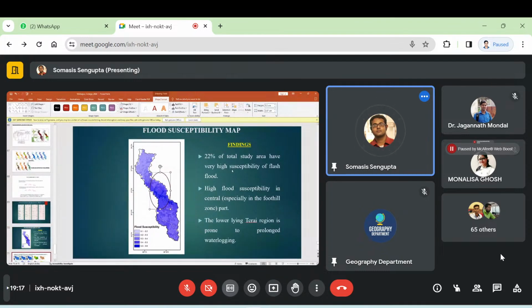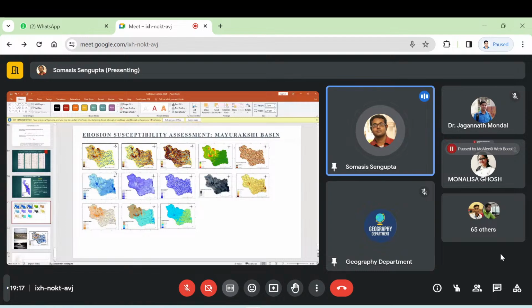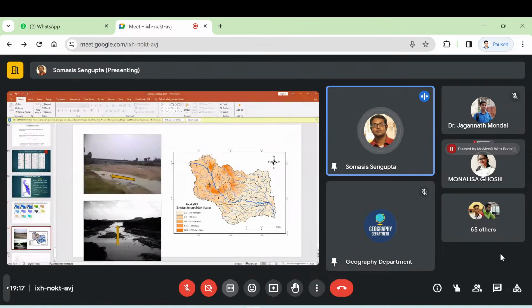Similarly, an erosion susceptibility assessment of the Muirakhi river basin has also been done, and this is the final erosion susceptibility. You see that in the middle domain shown by this diagram, the erosion is high because the topography is also showing such, and in the upper and lower domain, the erosion is low, as the topography is showing.